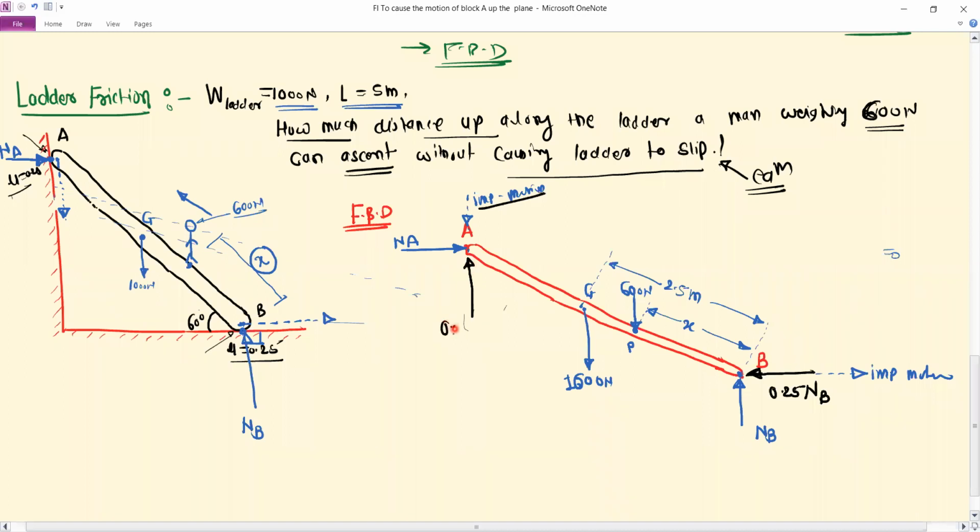This value is 0.25 times the normal reaction NA. So we have shown all the forces. Next we have to find that distance x, and for that we can use the conditions of equilibrium: summation Fx equals 0, summation Fy equals 0, and summation of moment equals 0.